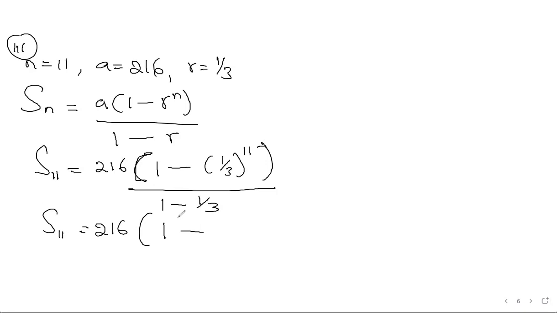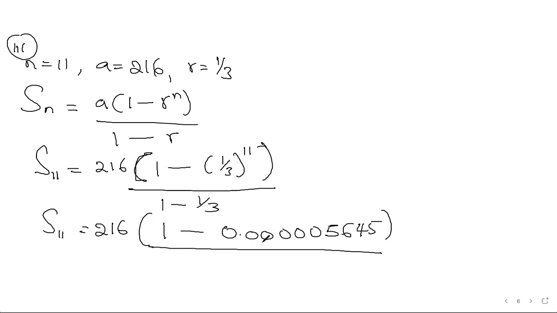That will give you a very small number, 0.00005645. Then all over, this will give you 2 over 3.